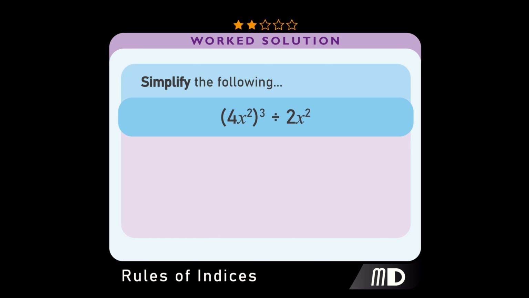The key rules are the multiplication rule, division rule, product rule, or power of a power rule. And beyond these, there are important facts of exponents that we also need to remember.